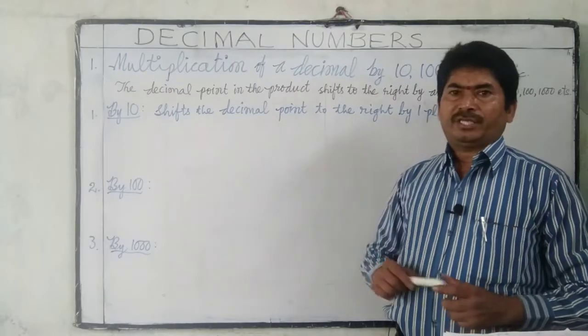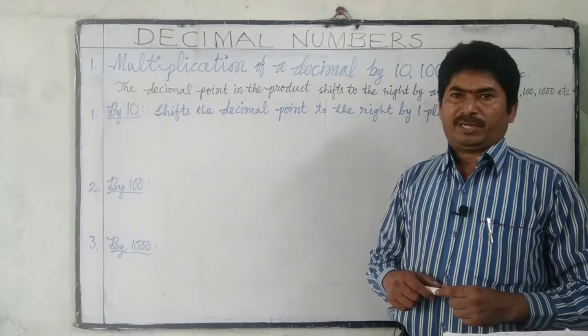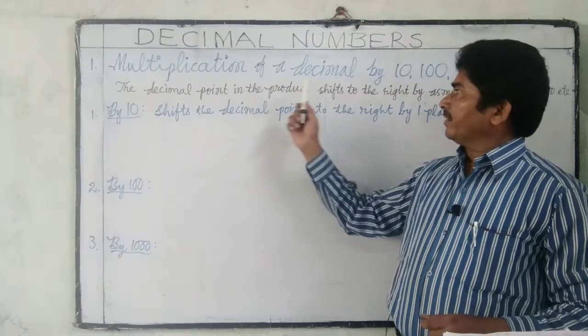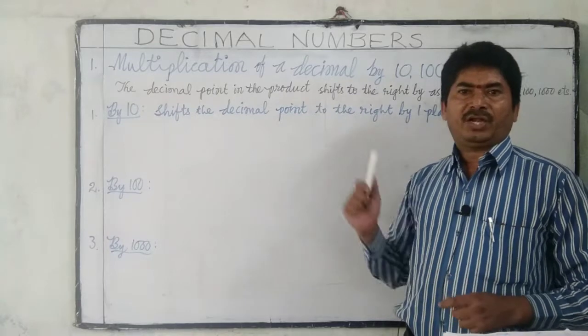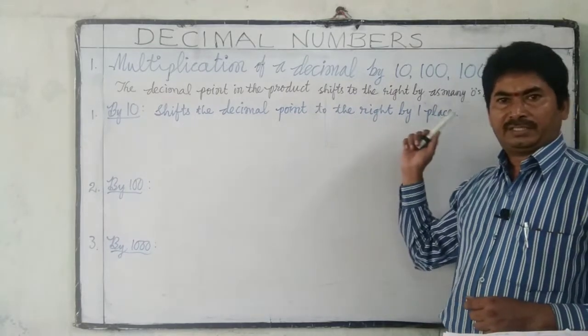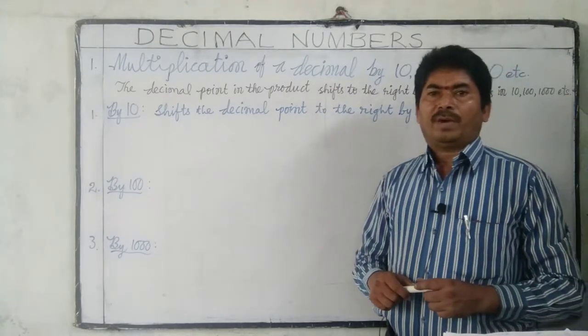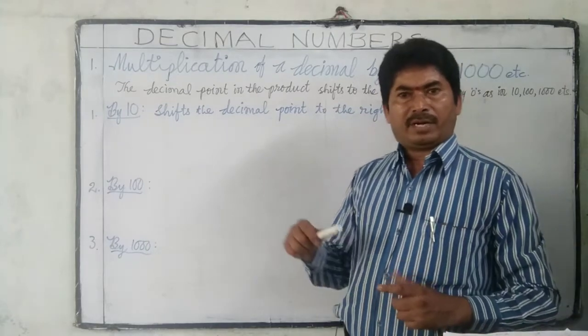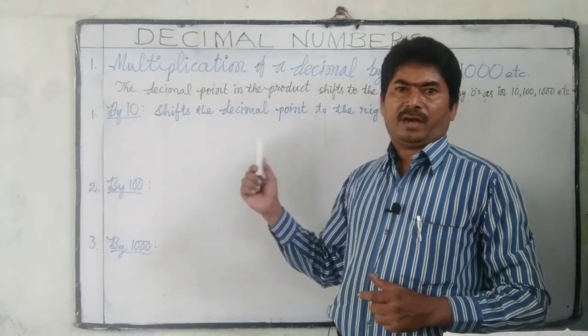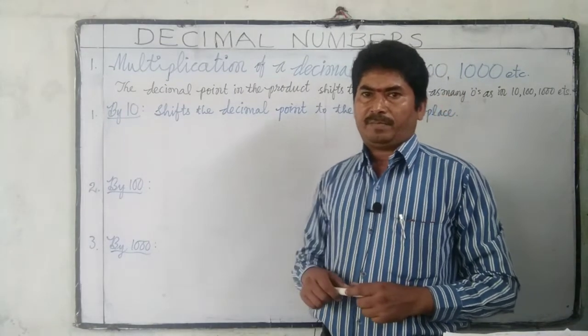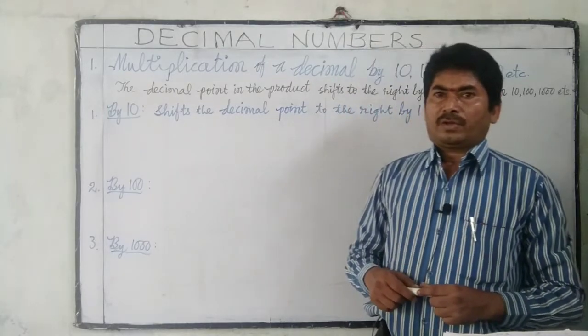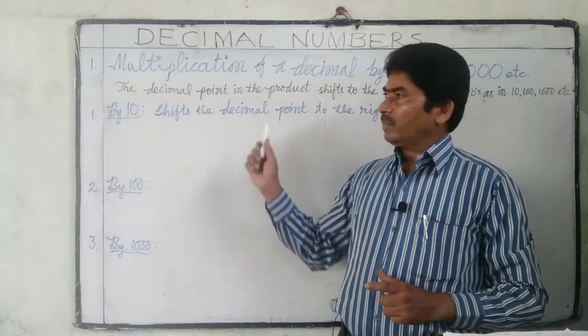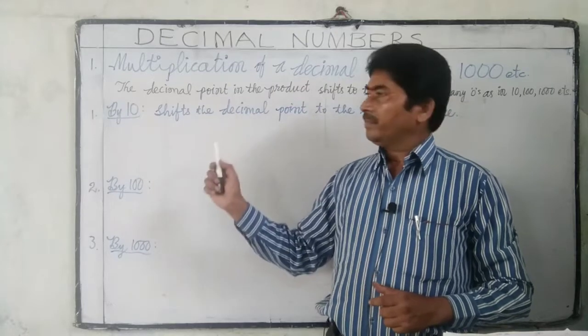Here we have some easy tips in multiplication. Multiplication of a decimal by 10, 100, 1000, etc. To multiply a decimal number by 10, 100, 1000, etc., here we have a tip.